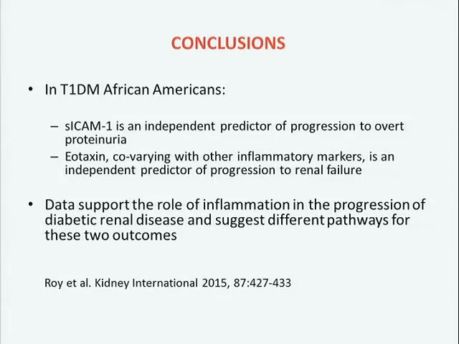I think there is still a lot more to do. But certainly what we also have to answer is what may activate inflammation in these patients, because this does not seem, according to our data, to be related to hyperglycemia per se. Thank you.